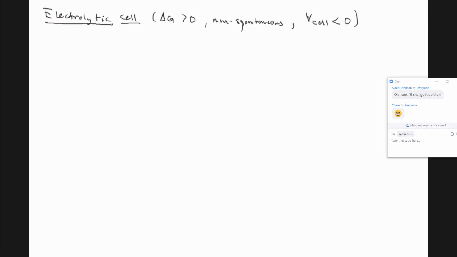Either you look at the Gibbs free energy or you look at the electric potential of the cell, it's not going to want to go. So let's say it's the full reaction that we just went over, except now we're trying to change it so that copper wants to discharge.